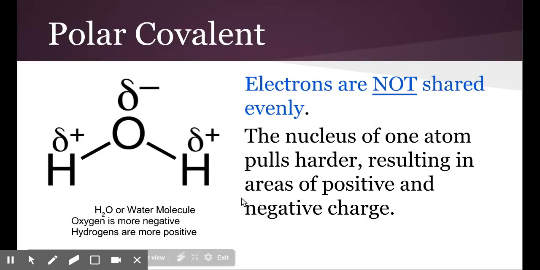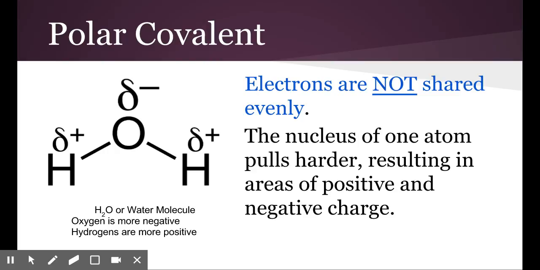Classic example of a polar covalent bond is water. When we look at oxygen, oxygen has 8 protons in its nucleus, so 8 positive pieces that are pulling on these negative electrons. Hydrogen, measly little hydrogen, has 1 proton, just 1 positive thing that's pulling on these electrons. So who do the electrons like better? They love oxygen because it's got all that positive that they want to go hang out around.